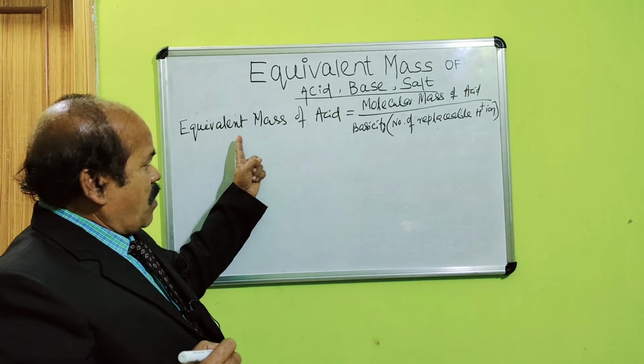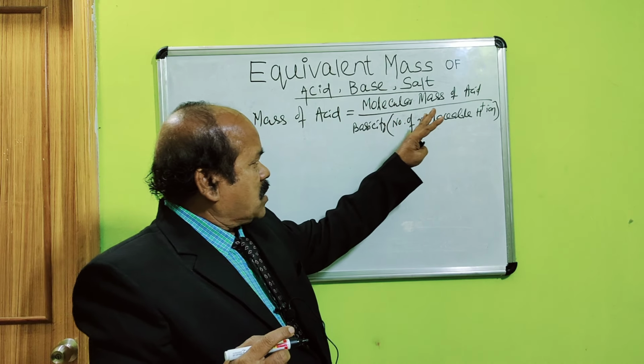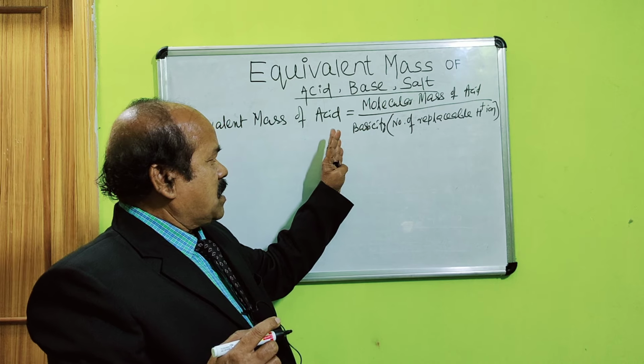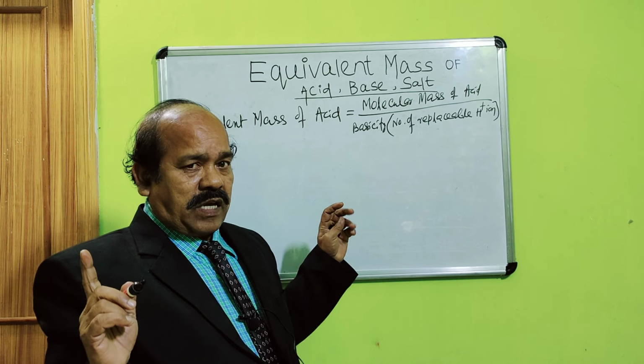So equivalent mass of acid is a ratio between molecular mass of the acid to its basicity. Basicity is number of replaceable H plus ion.